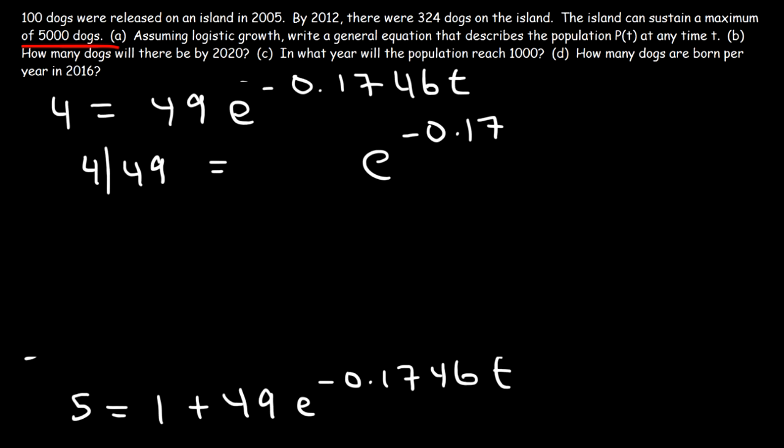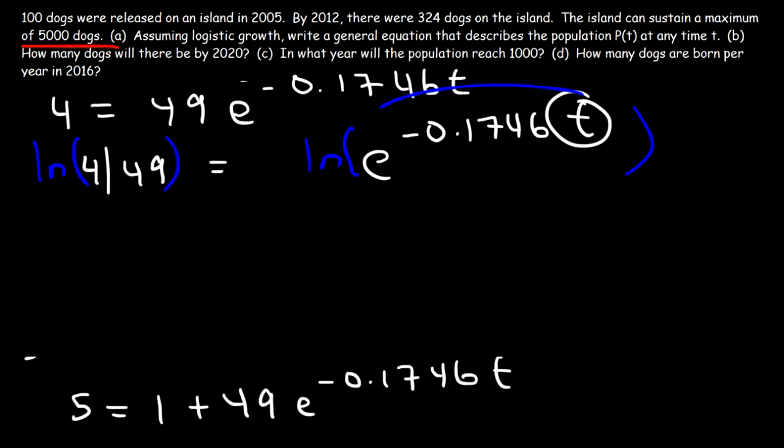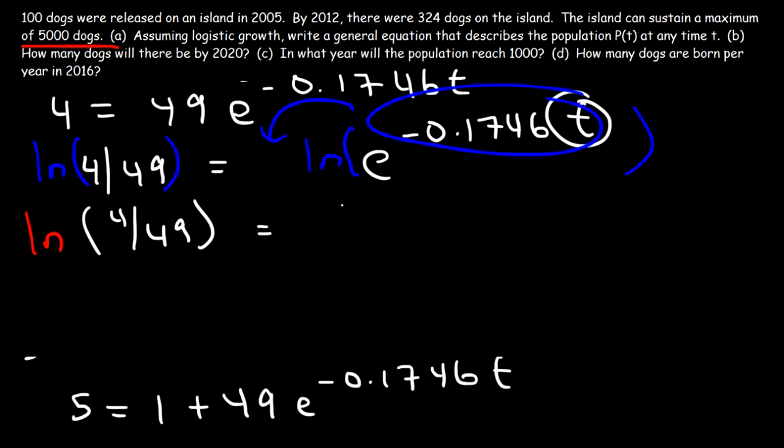Anytime you need to solve for a variable in the exponent position, you need to take the natural log of both sides, like we did before. So now we could take this term and move it to the front. So ln 4 over 49 is equal to negative 0.1746 t, and we know that the natural log of e is 1.